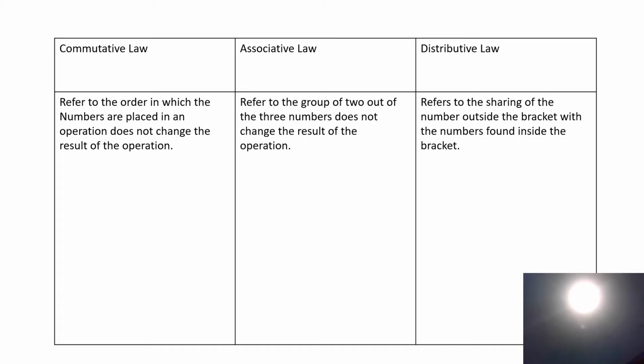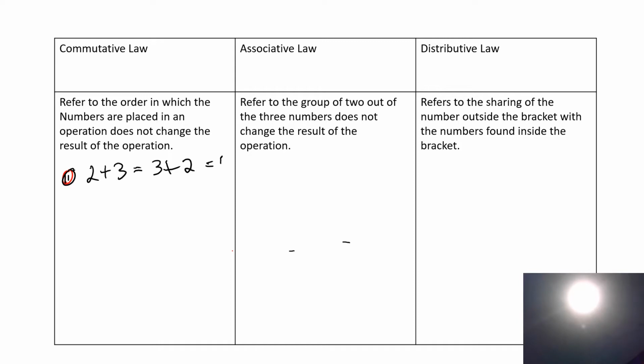Of course, the commutative law refers to the order in which the numbers are placed in an operation, and it does not change the result. For example, if we have 2 plus 3, or if we have 3 plus 2, both of these results will be 5.